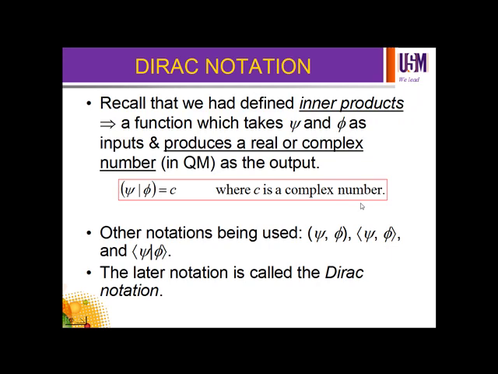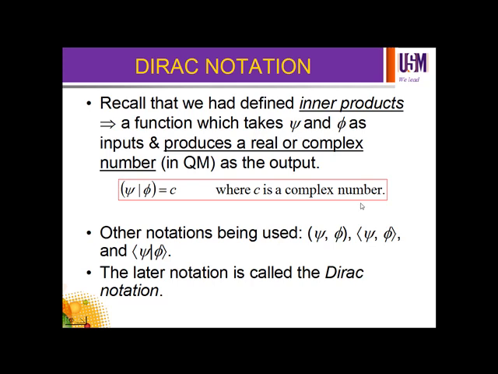Recall that we had defined inner products. What is an inner product? Basically, a function which takes a wave function psi and a wave function phi as inputs and produces a real or complex number as the output in quantum mechanics.